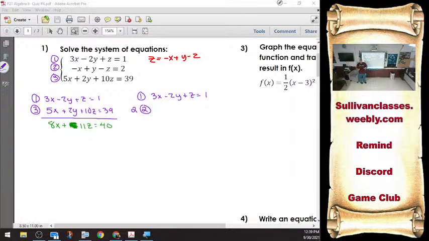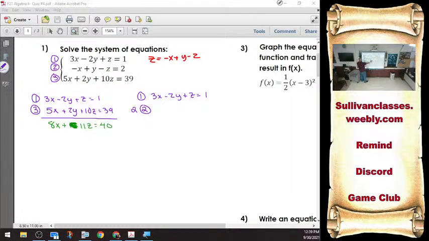I said, just trust the process. Just do what you know you're supposed to, even if you know it's wrong. I looked back at the whole problem, missed a negative right here. 4 out of 5. You good? Just trust the process.